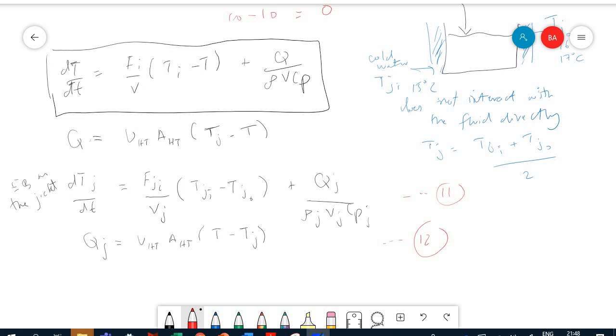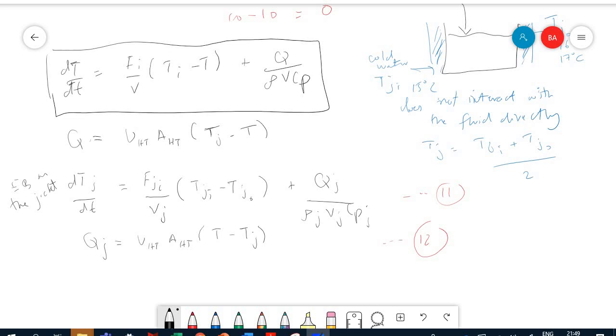What about Tj? Tj is how the temperature of the jacket is changing, and here we can assume that what is getting out is very similar.